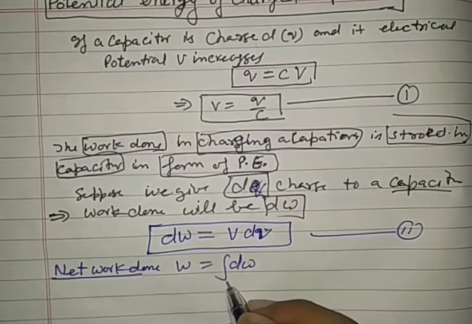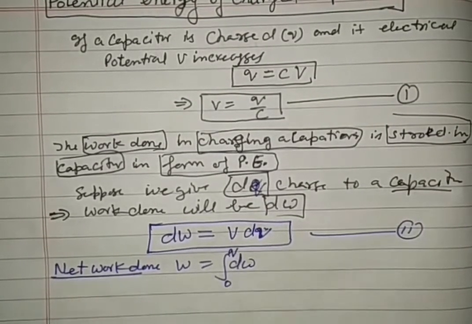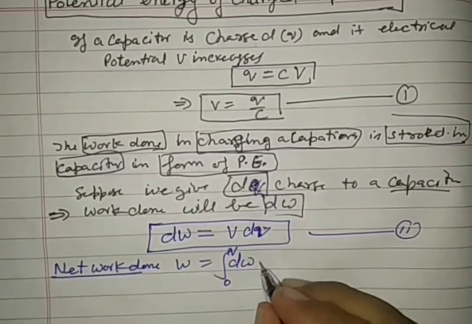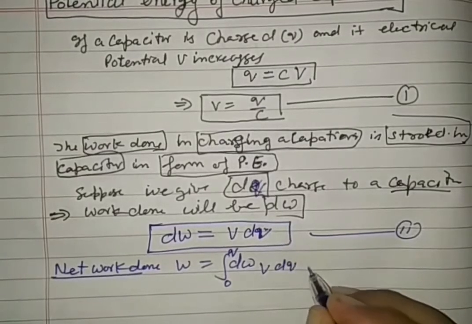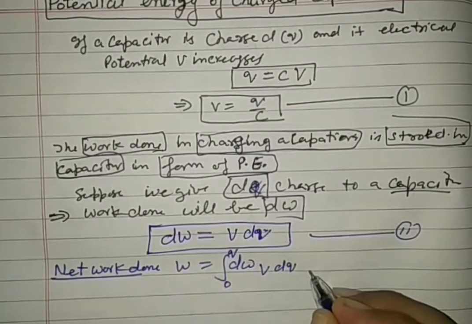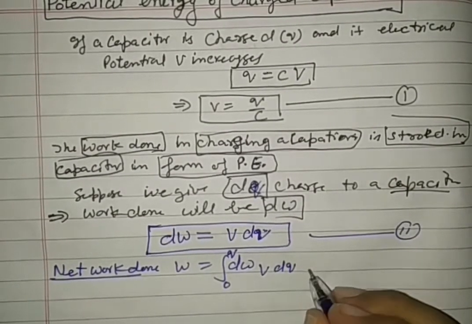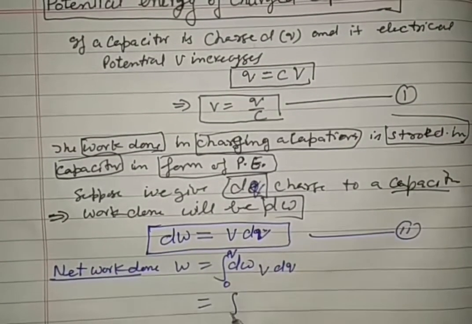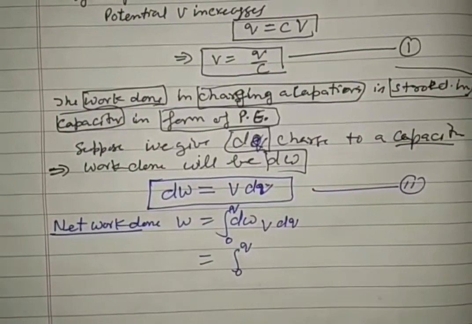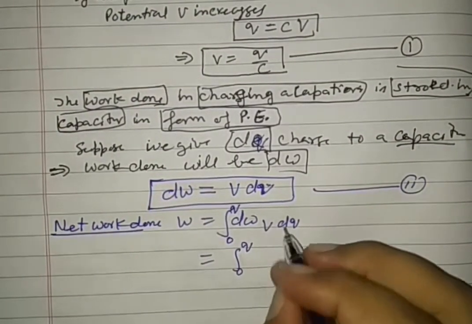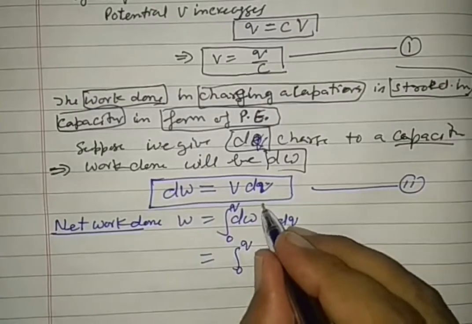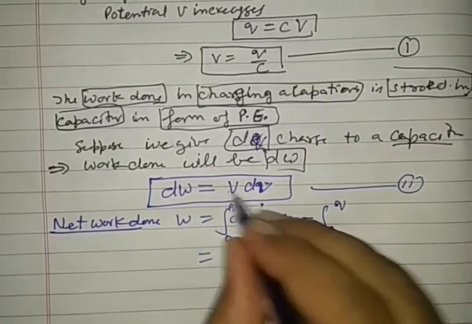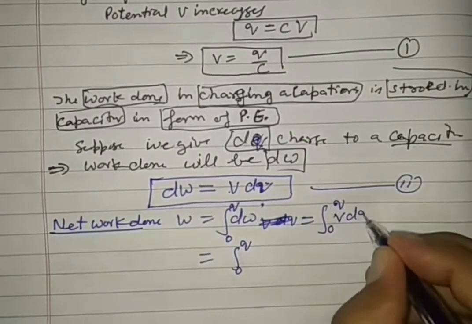This charge we are going to give from 0 to Q. So W is equal to the integral from 0 to q of V dq.